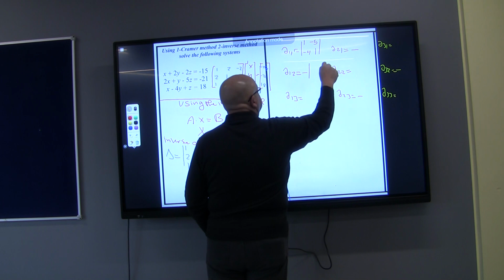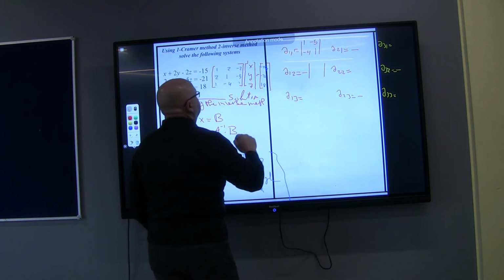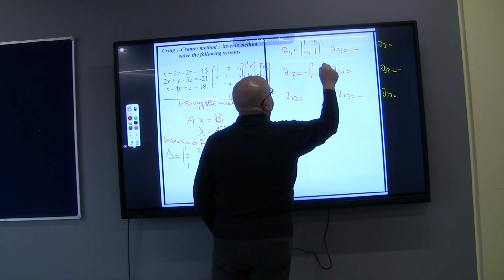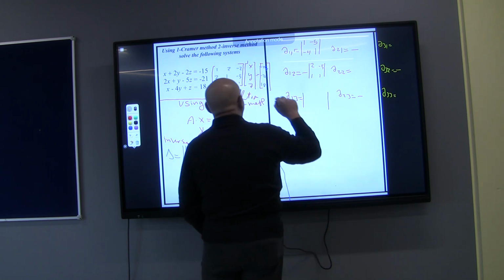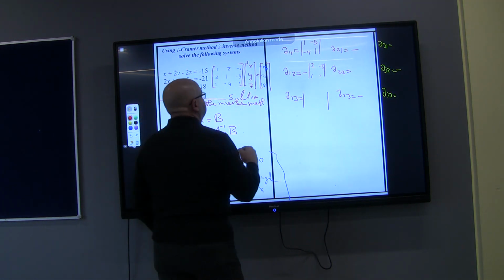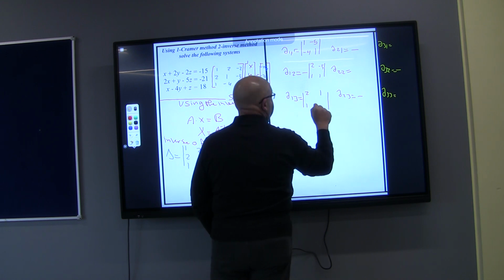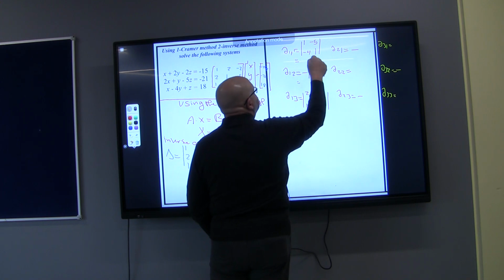For A12, same way, first row, second column, you will have 2, then 1, then negative 5, positive 1. For A13, the first row, third column, you will have 2, then 1, minus 4, so it will come up to these values.